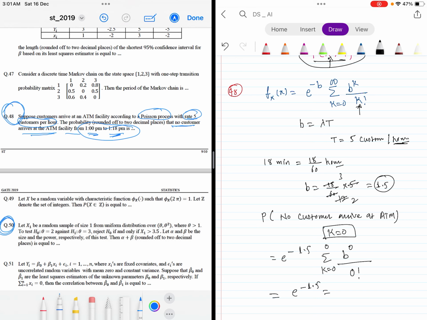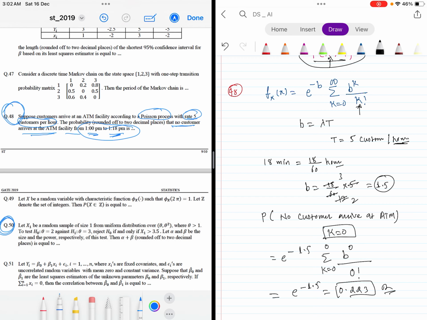If you do the calculation, e to the power minus 1.5 will be 0.223.